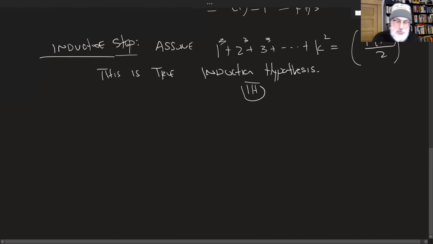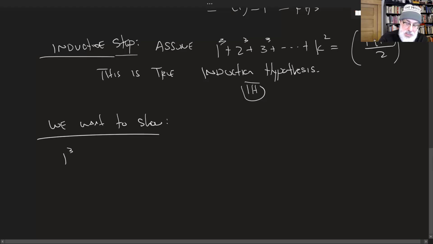Now, let's look at what we're trying to prove. So I'm going to write, we want to show, as a reminder, the k+1 case, right?